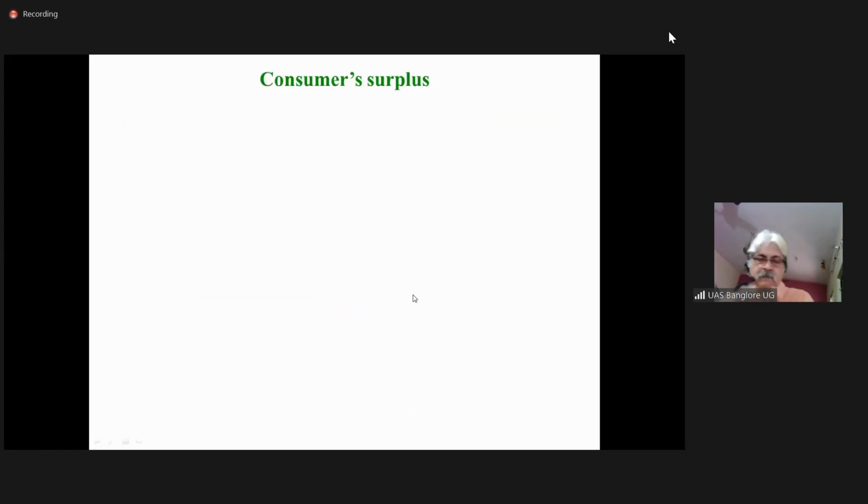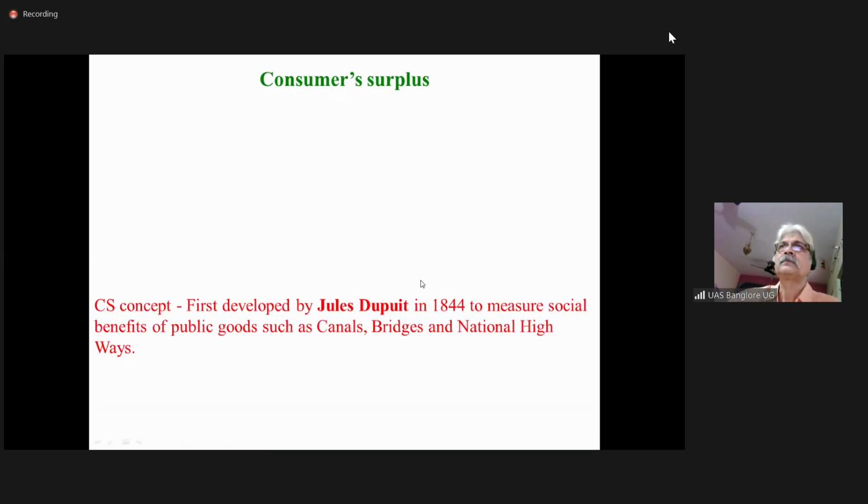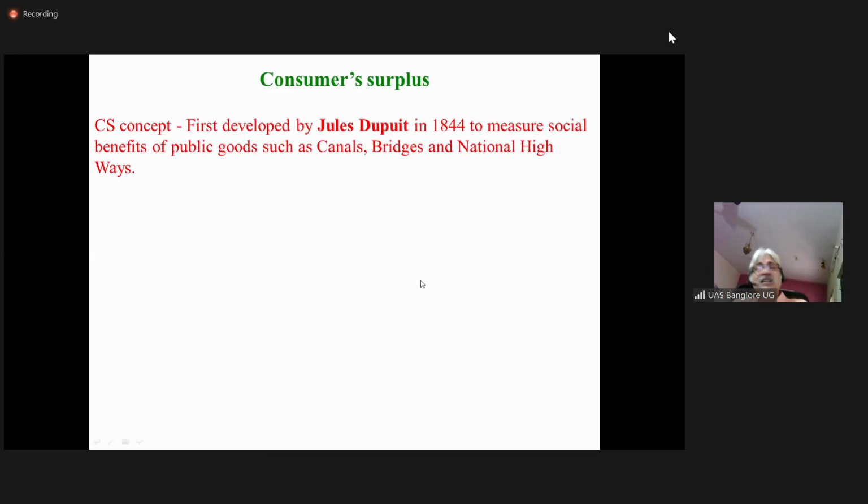Consumer's surplus. Okay. Consumer surplus, this concept was first developed by Jules Dupuit in 1844, long back, 1.5 centuries ago, to measure social benefits of public goods such as water canals, bridges, national highways, and so on.